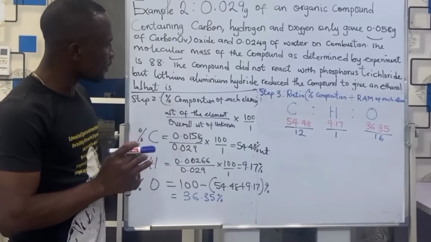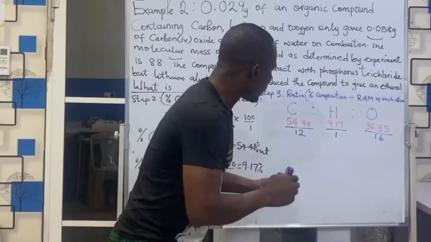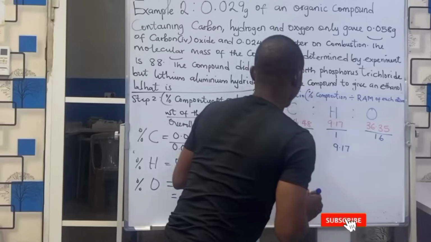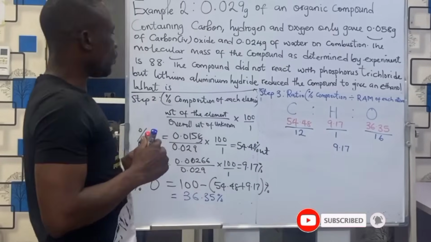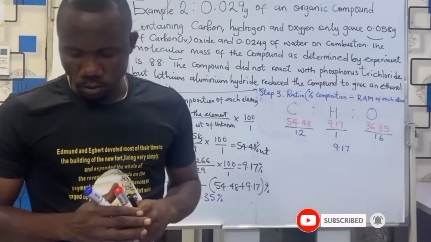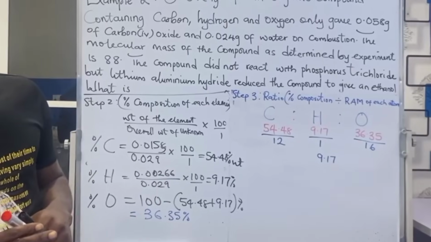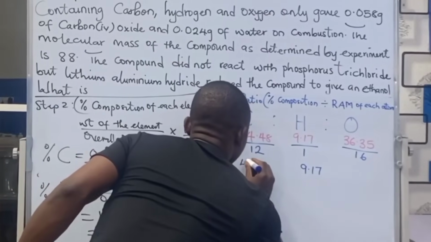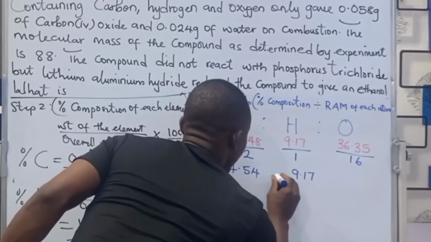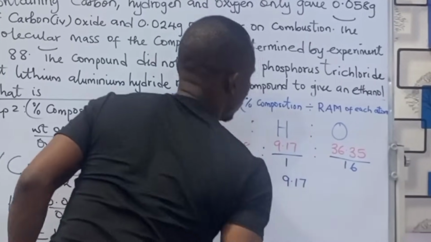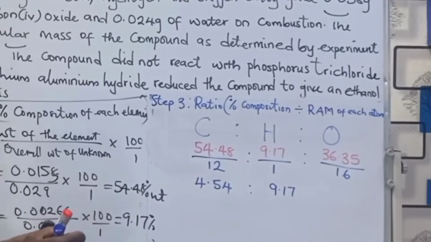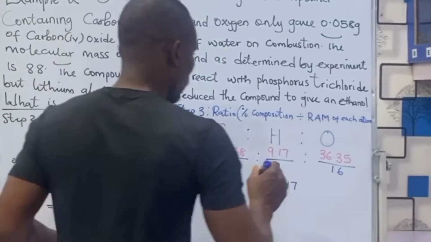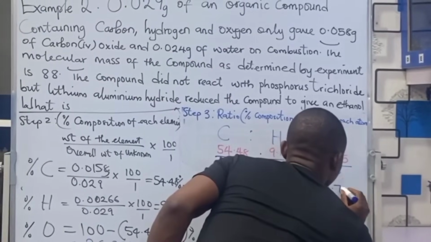Expressing this mathematically, hydrogen gives 9.17. Dividing 54.48 by 12, we arrive at 4.54. And 36.35 divided by 16 arrives at 2.27.